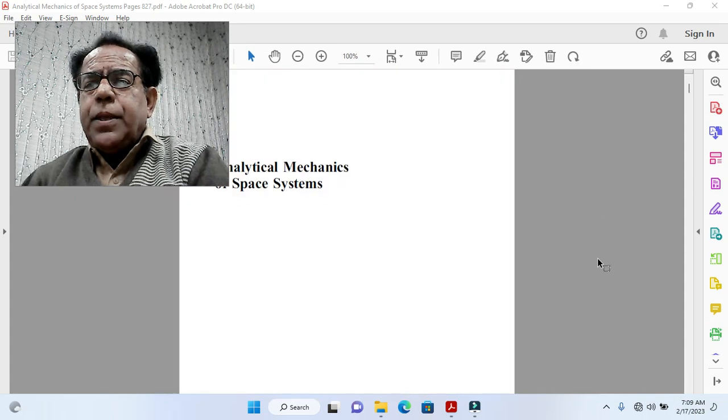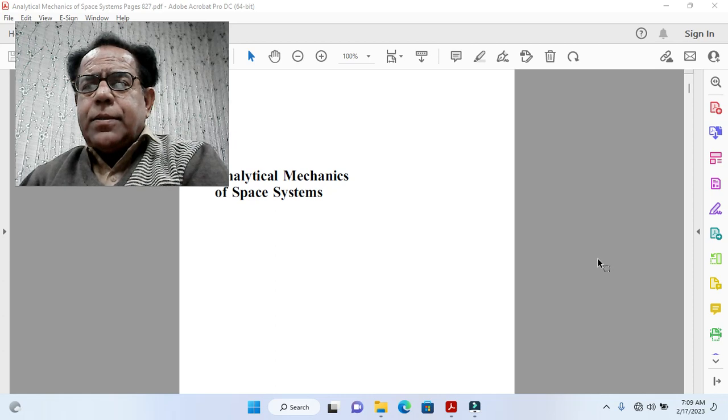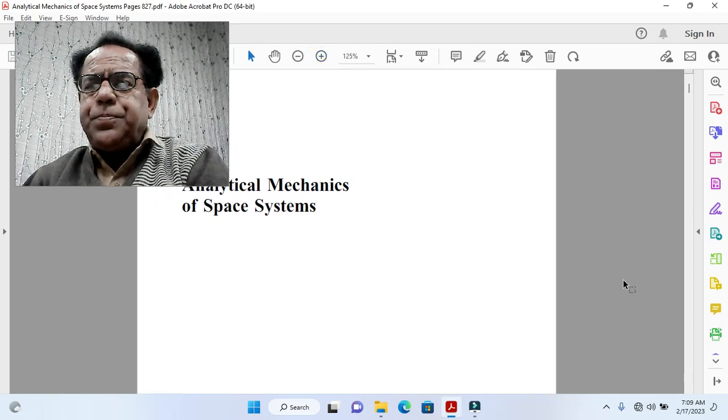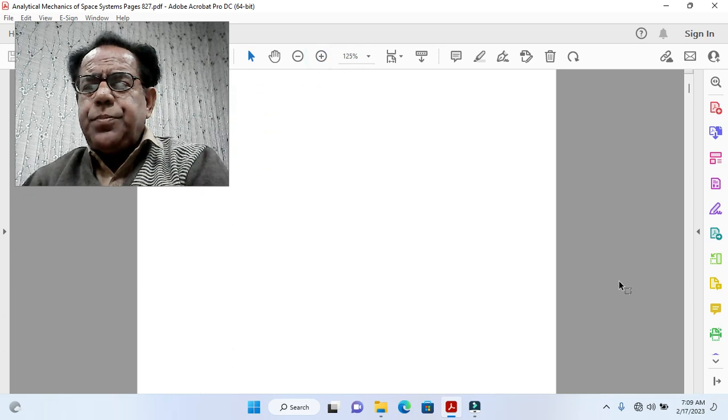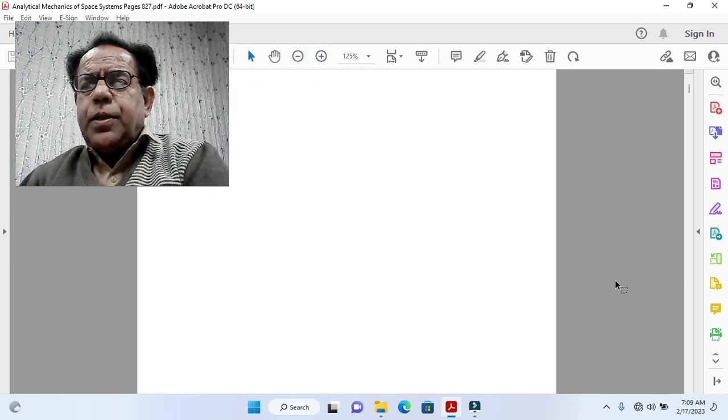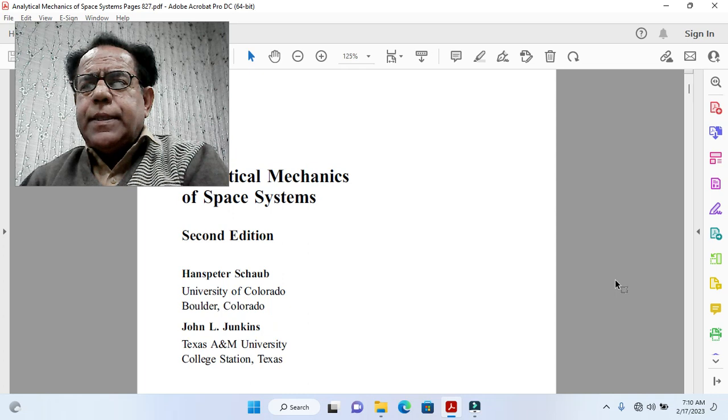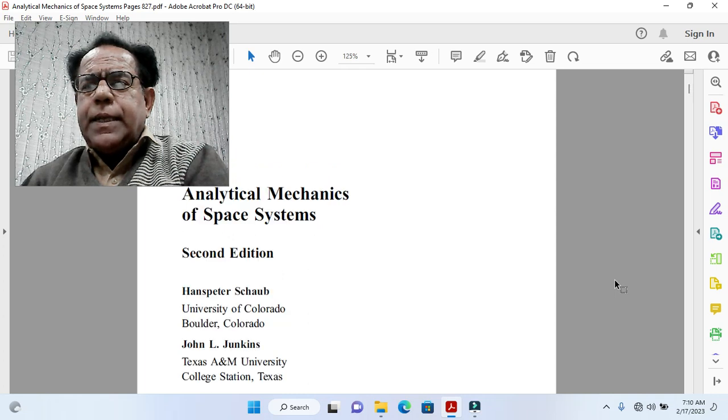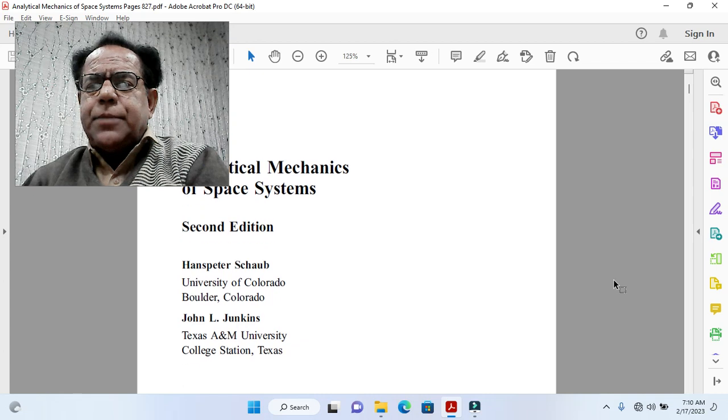Okay, Analytical Mechanics of Space Systems. Now we are moving towards its contents. Analytical Mechanics of Space Systems, second edition, Hans Peter Schaub, John L. Jenkins.